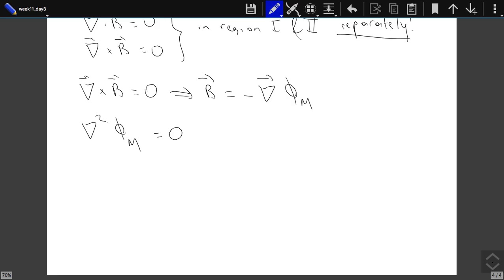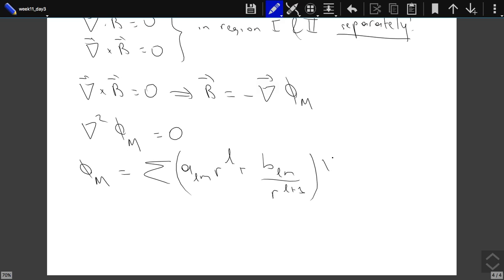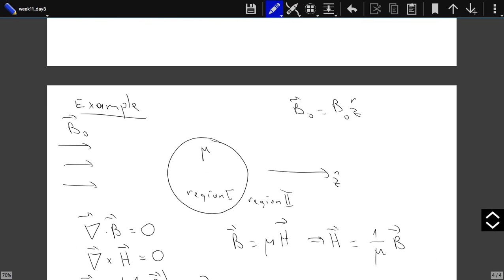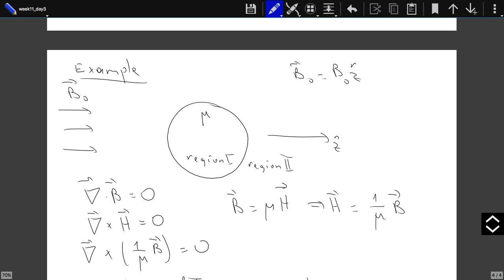I know I can use spherical coordinates to solve this problem, and the general solution of Laplace's equation in spherical coordinates I can always write as the sum of A_lm times r to the l plus B_lm divided by r to the l plus 1, times Y_lm of theta and phi. But you see, my system, nothing depends on phi. So this scalar function phi m should also be independent of the coordinate phi.